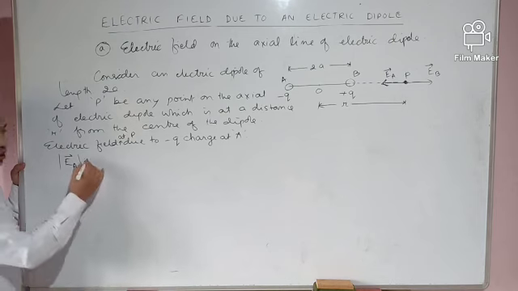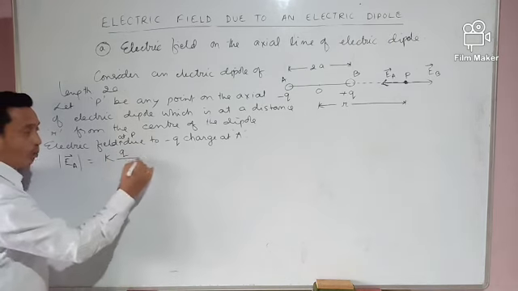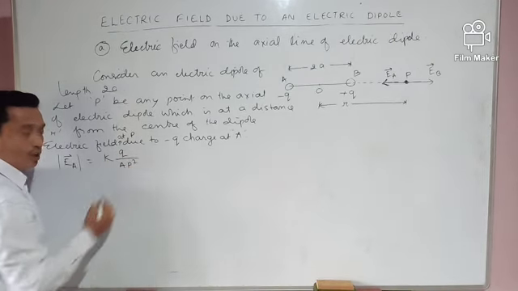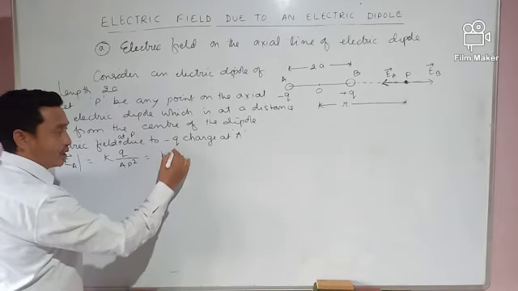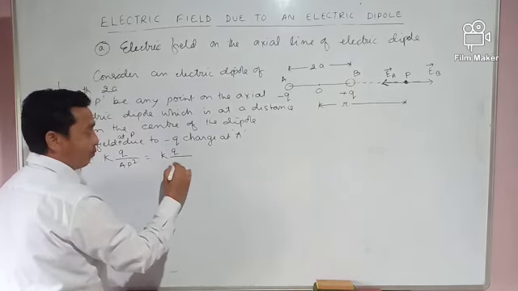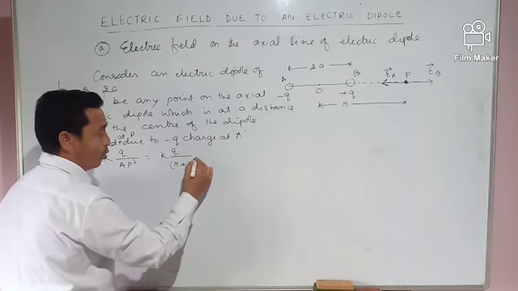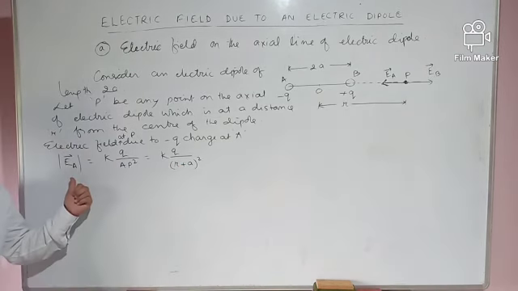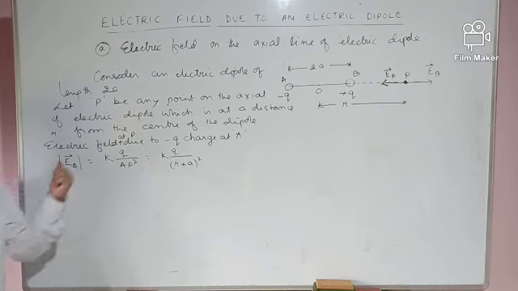I will write the magnitude: kq by AP square, and I can write this as kq by (r plus a) whole square. So this is the required magnitude of the electric field at point P due to the minus q charge at A.